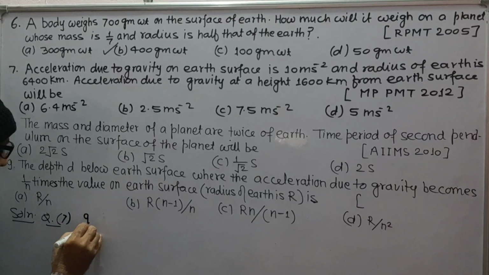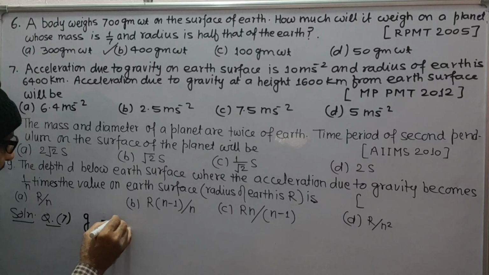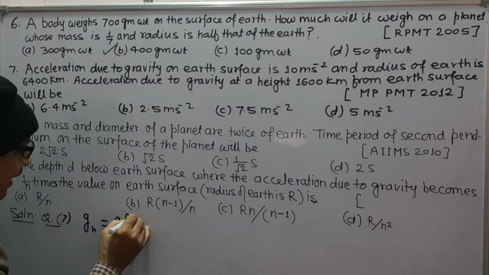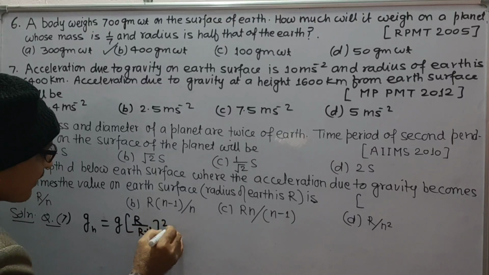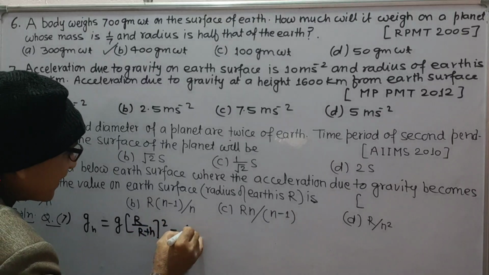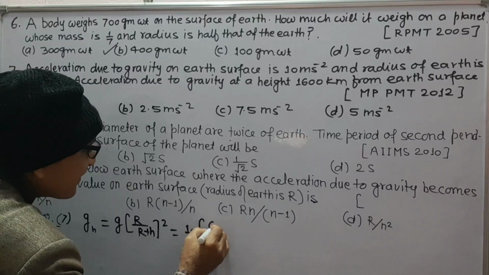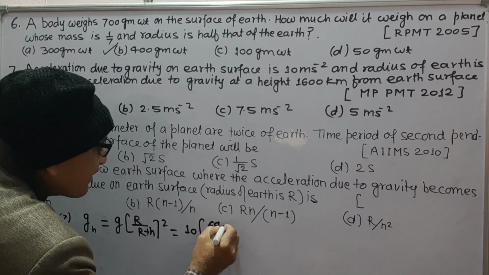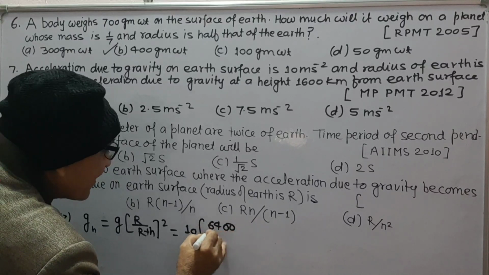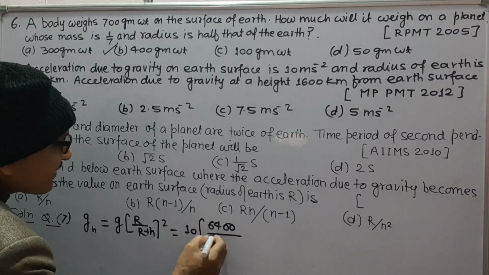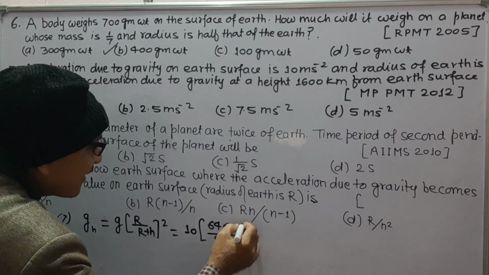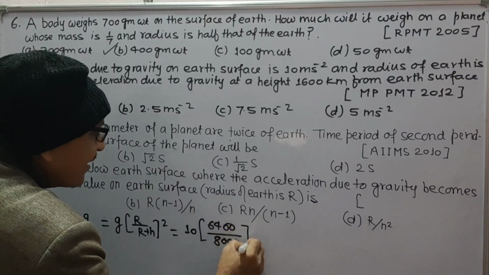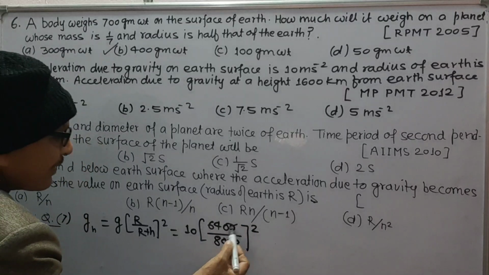Acceleration due to gravity with height h above earth's surface is given by g r upon (r plus h) whole square. So it becomes g is 10 and r is 6,400 kilometer. r plus h becomes 6,400 plus 1,600, means 8,000 kilometer. Kilometer cancels out, square.